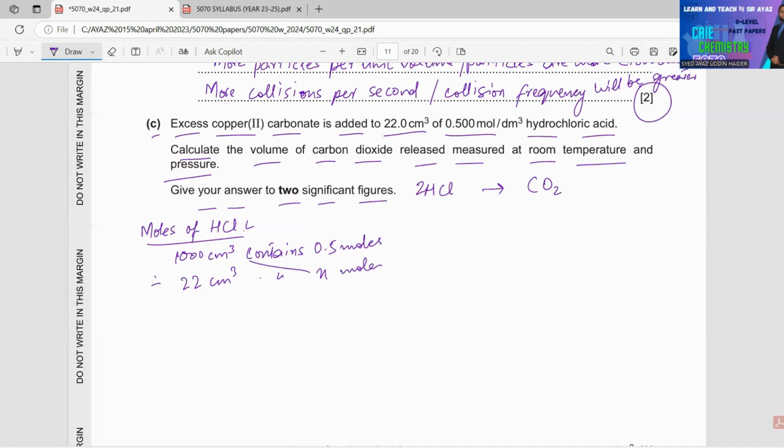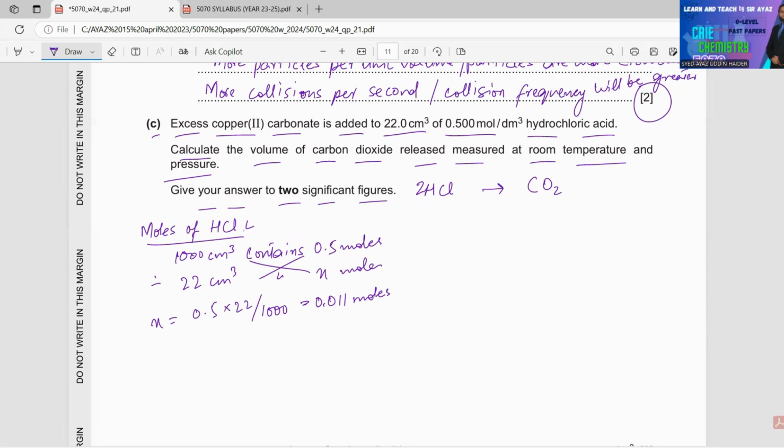Do the cross and the equation will be like this. X is equal to 0.5 multiplied by 22 divided by 1000, which is 0.011 moles. Fine. Now you have the moles of hydrochloric acid.